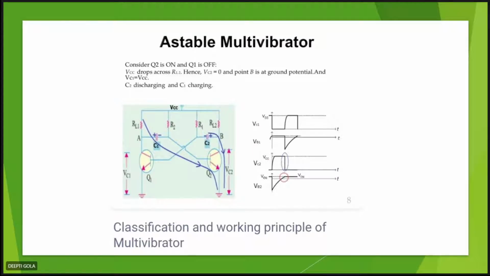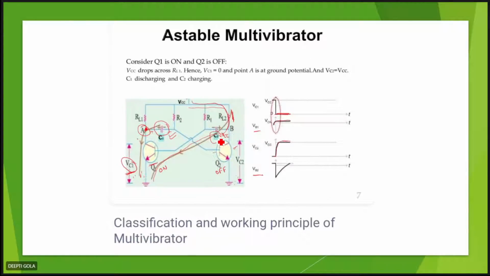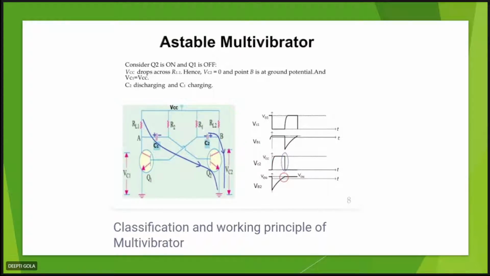Now, what happens when C2 is charged up to VCC? Now we consider that Q2 is on and Q1 is off. So VCC drops across RL1, and hence VC2 will now be equal to 0.